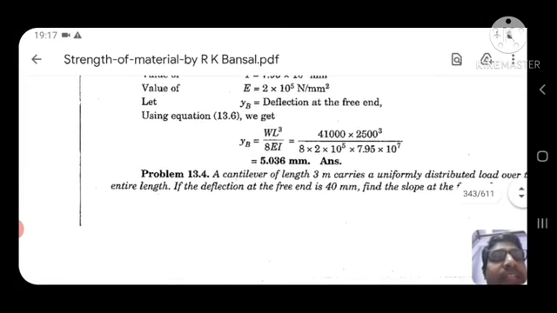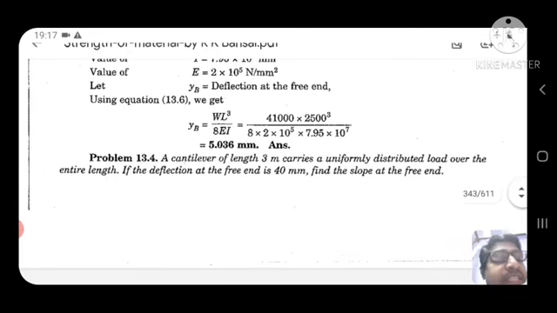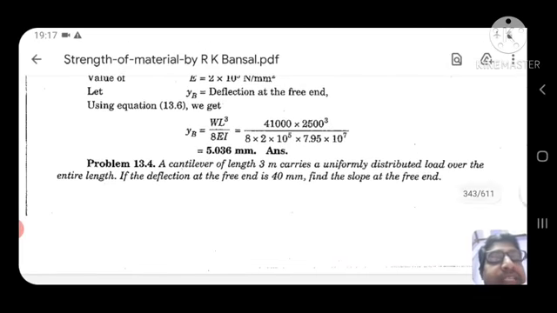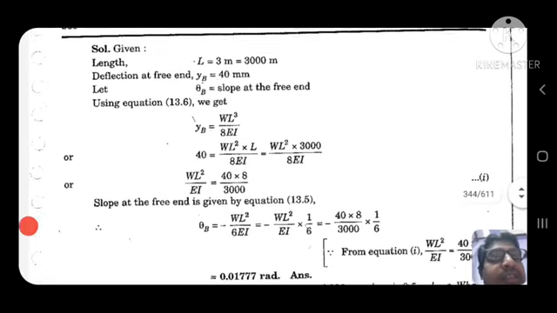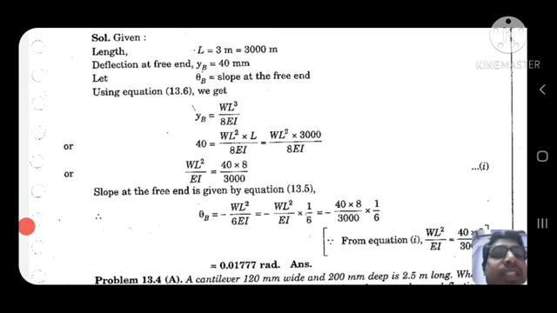A cantilever of length L, 3 meter, carries a distributed load over the entire length. If the deflection at the free end is 40 mm, find the slope at the free end. Given L equal to 3 meter, that is equal to 3000 mm, deflection at the free end equal to 40 mm.